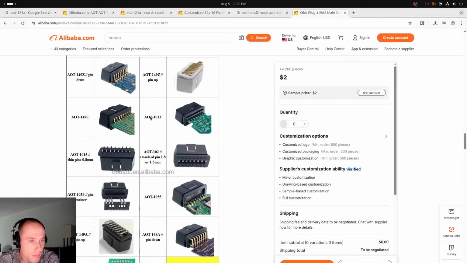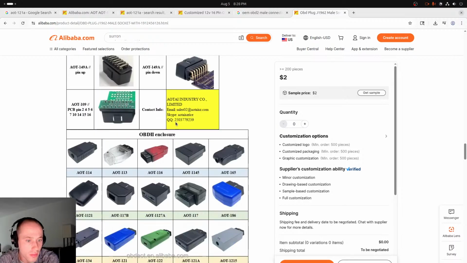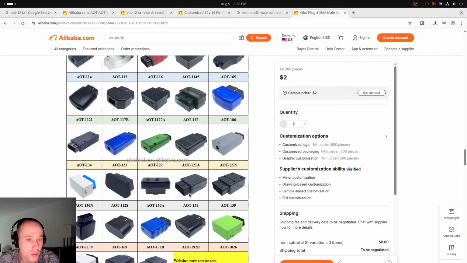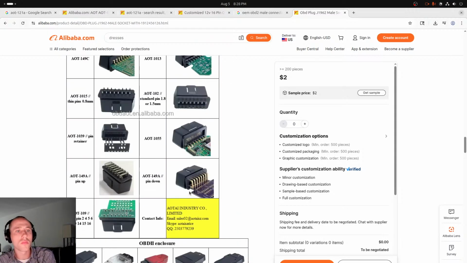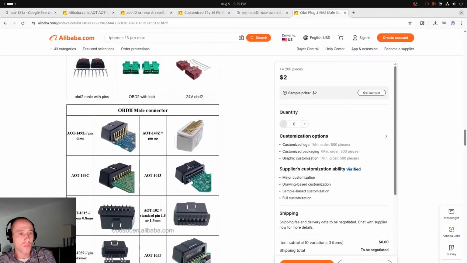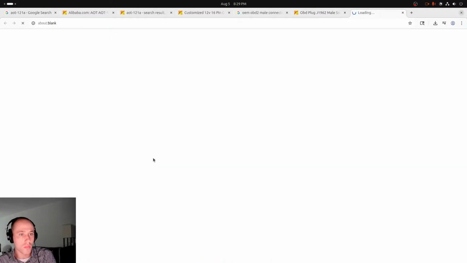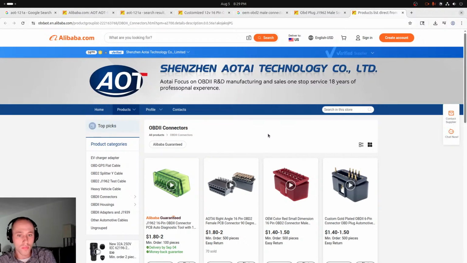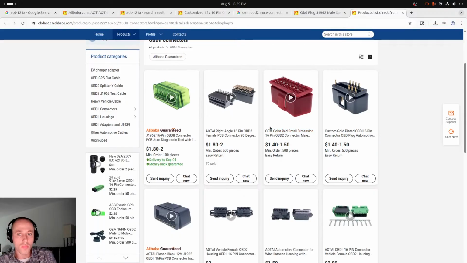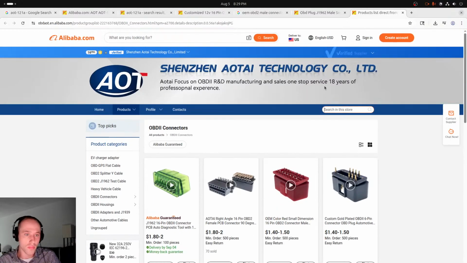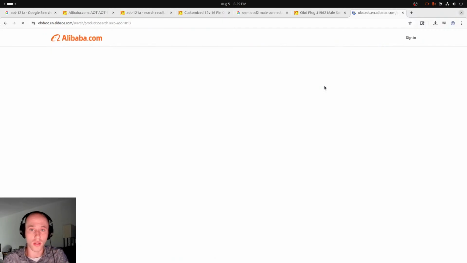This is going to be the one, I think. AOT 1013, if we want to use that housing.